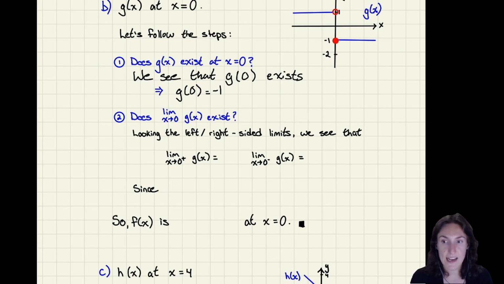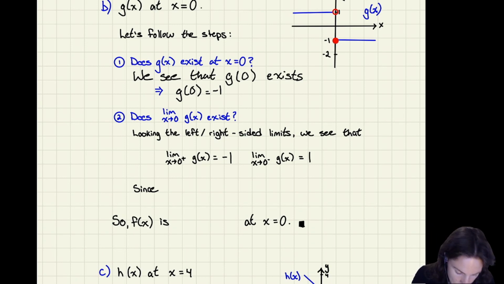Now let's look at the second step. Does the limit as x approaches 0 exist? Because we have a piecewise function, we're going to have to look at the left and right-sided limits. If I'm looking at the limit coming from the right side, the plus side, I'm getting that this is equal to -1. But if I go from my other side, my left side, my negative side, I'm getting that the limit is equal to 1.